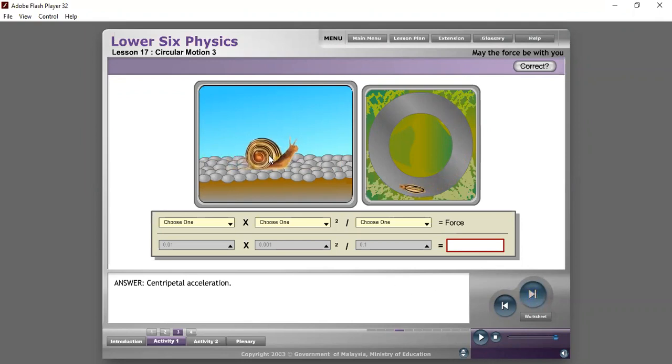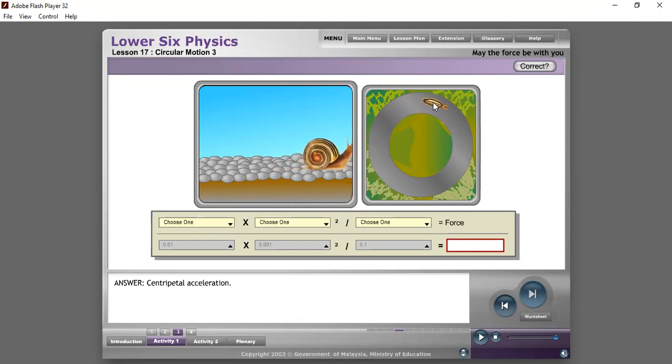Now the snail moves on a plane surface. It moves in a straight line with constant speed, or let's say constant velocity, easier. Now this snail moves in a circular motion with a constant speed. There is no change in the speed when it's moving in circular motion.